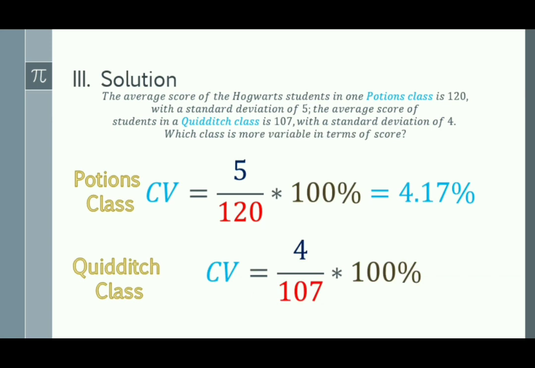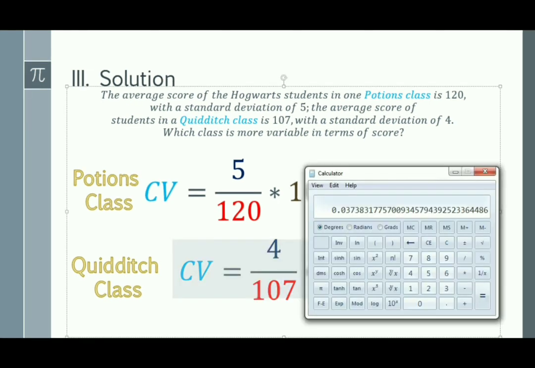And in the next one, in the Quidditch class, CV equals 4 divided by 107, and we'll get 0.0373 and so on. And then we multiply it by 100% and round off, we'll get 3.74%.